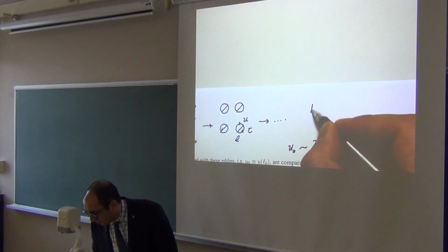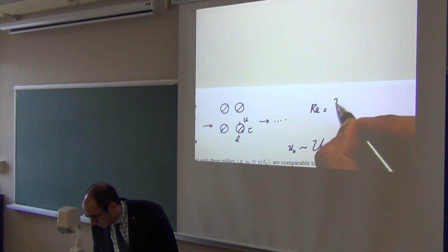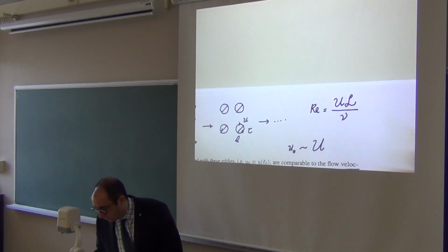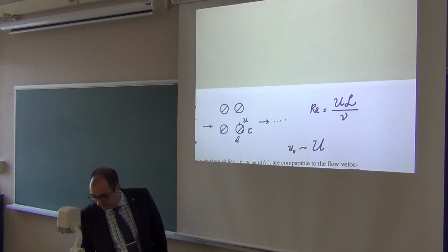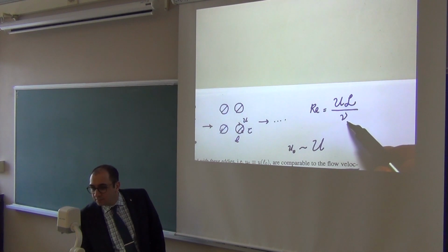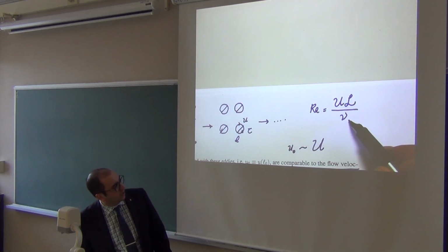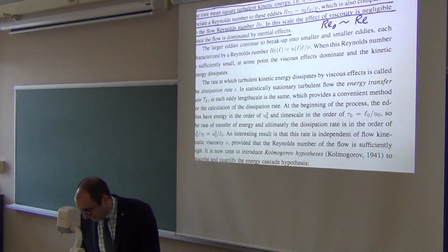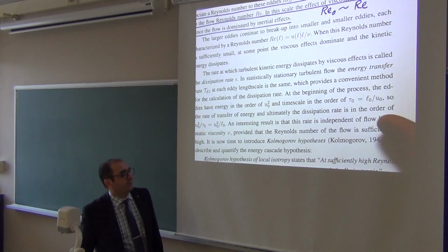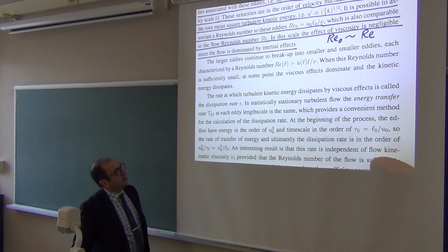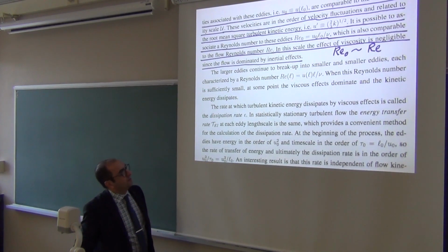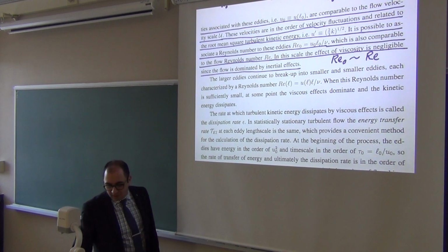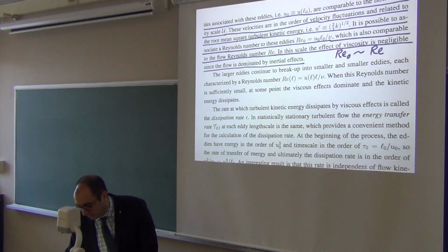For you to get a high Reynolds number, viscosity should be small. So really, viscosity is not a game changer at the largest scales of the turbulent flow. In fact, it's the lack of it that results in these fluctuations and eddies.